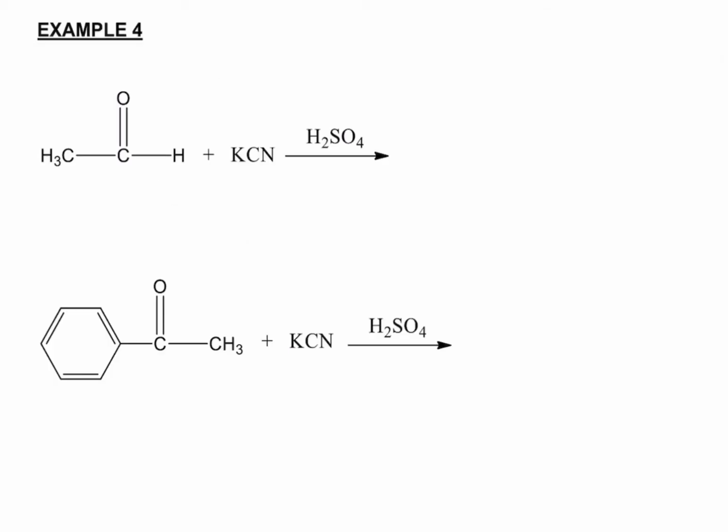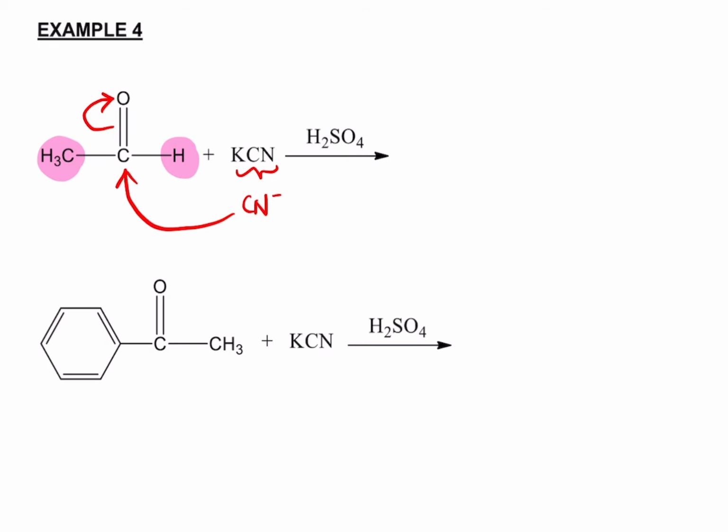Now let's try a few questions from example 4. I have here my aldehyde reacting with potassium cyanide in H2SO4. What you can see from here is that the CH3 and H groups are going to stay as they are. But what happens is that the electron from this pi bond will go towards oxygen because it is more electronegative, and the nucleophile, which is CN minus, will attack here.